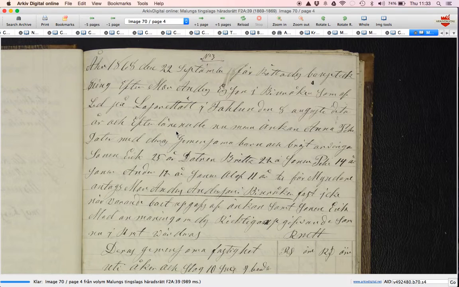And here you also get proof that you have done your homework. After him was the widow Anna Persdotter with the kids, the common kids, and the people who will inherit: Erik, 25 years old, Britta, 22 years old, Per, should it be, 14 years old, Anders, 12 years, and then Olav, 11 years.